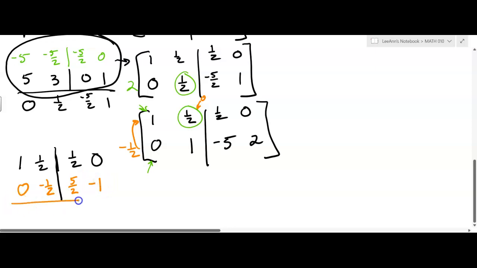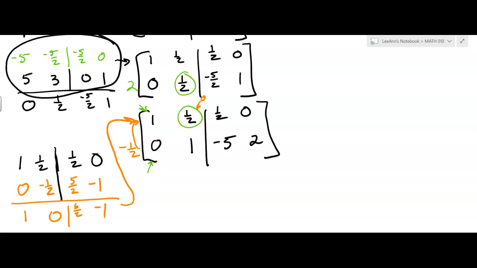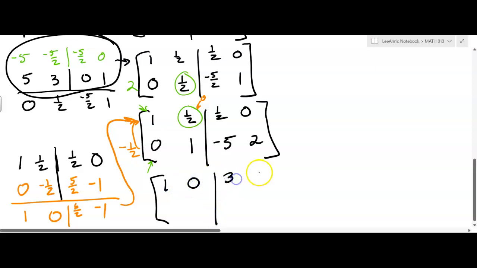And then I'm going to add those together: 1, 0, 6/2, which is 3, and -1. That's going to replace the top row. So I've got 1, 0, 3, -1, and then 0, 1, -5, 2.